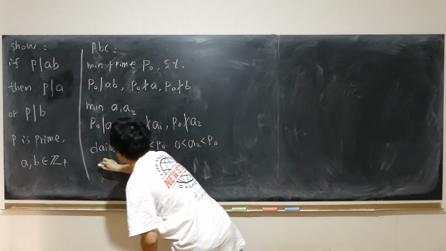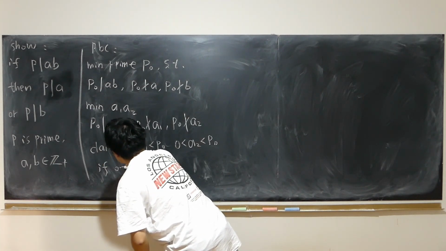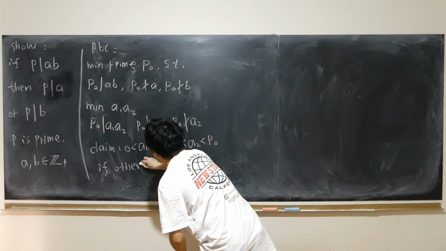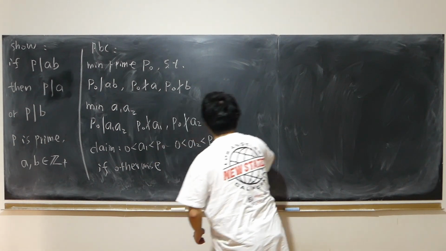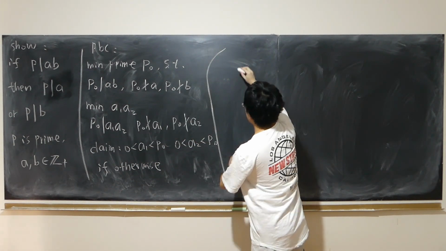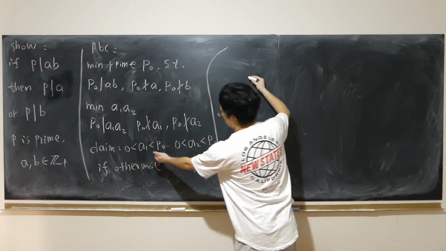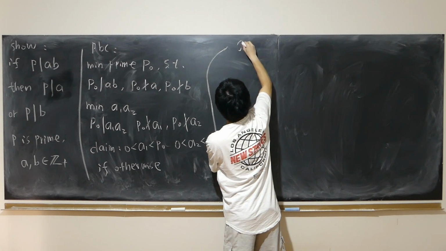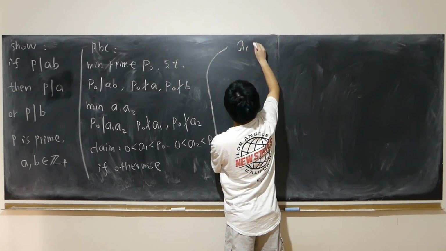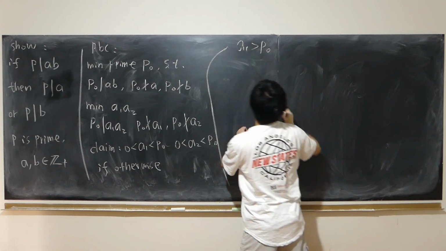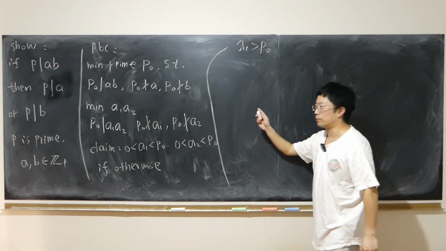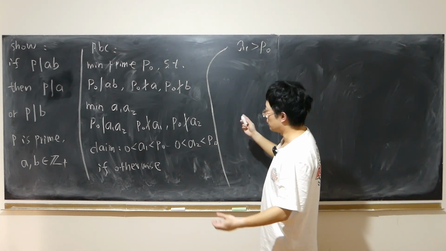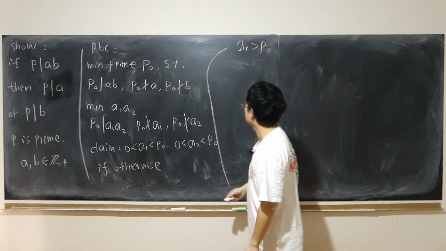If otherwise, if A1, for example, is bigger than P naught, it cannot equal P naught, because if it equals P naught, then automatically P naught divides A1.